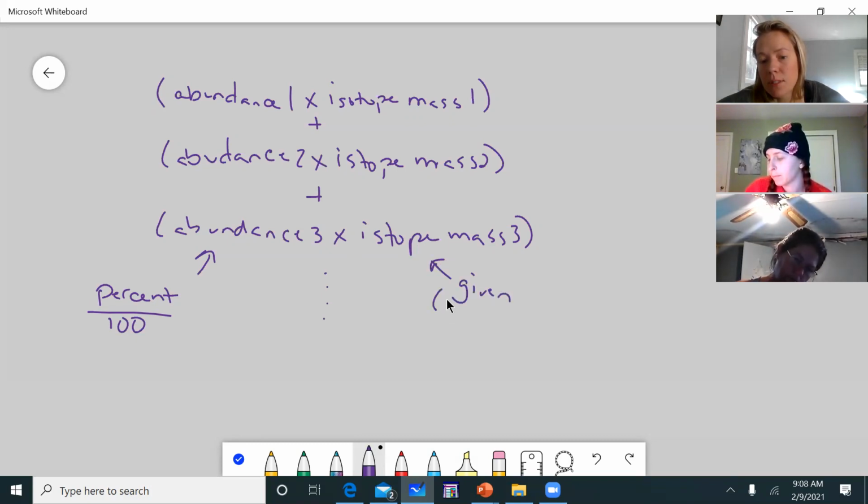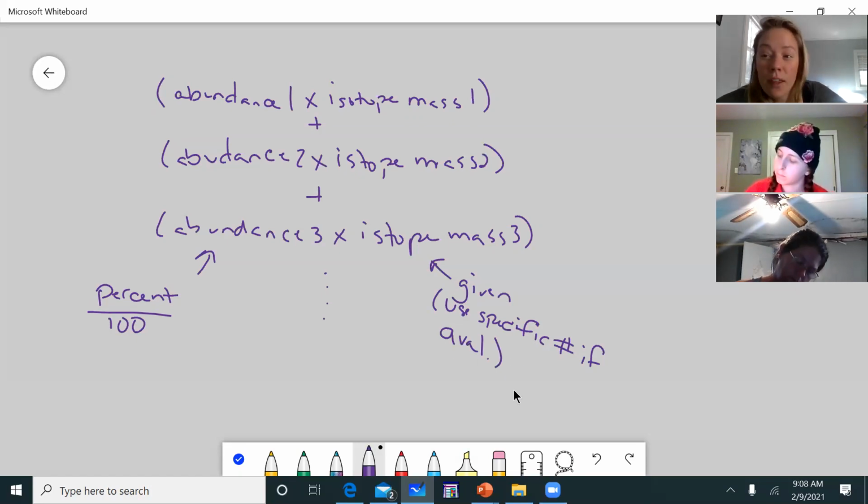And in parentheses, say use specific number if available. So sometimes they'll say, hey, chlorine 35, but it's really 34.9992. Use that more decimaled version of this. And we'll do a couple examples. So you just got to go through each of them and add them together.